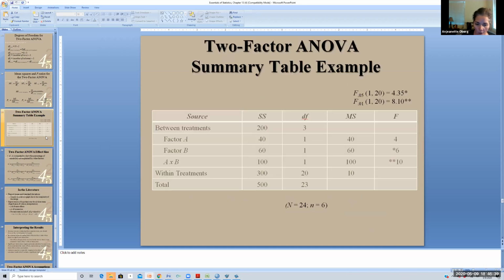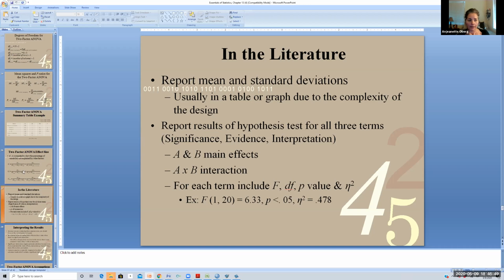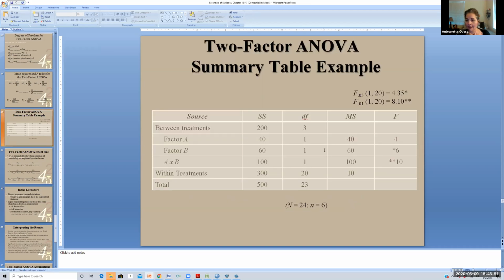And so up here, I use my degrees of freedom for factor A and my within. Notice it's 1 in 20. Then I do the same thing for B, 1 in 20, and then A by B is 1 in 20. The reason these are all the same is because it's a 2 by 2. But if it's a 2 by 3, these are going to change, okay?